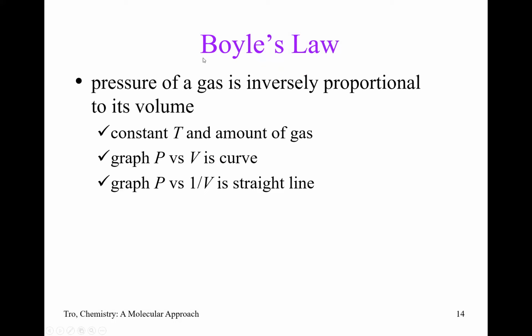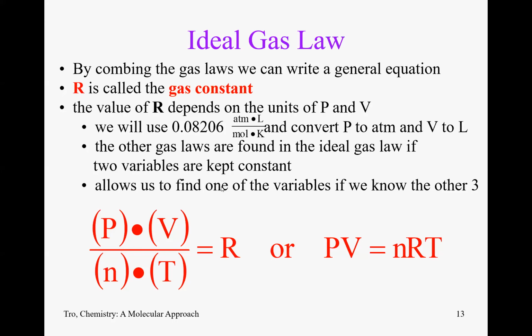But Boyle's law looks at the relationship from the ideal gas law, that the pressure is inversely proportional to the volume. So basically, let me go back one, PV equals nRT.